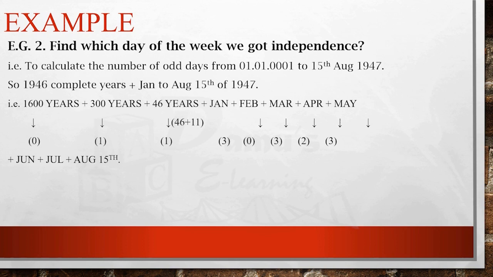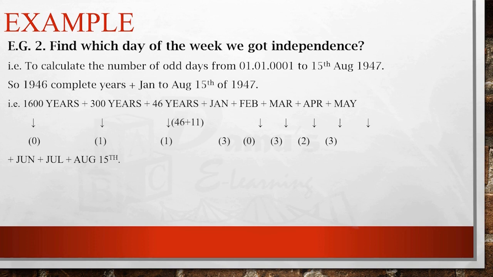Now 46 years. Like in the previous question, in order to calculate the number of odd days in the 46 years, first we will have to see how many leap years and how many non-leap years there are. For that, first divide 46 by 4. We'll get the quotient as 11. That means in these 46 years, 11 years are leap years.